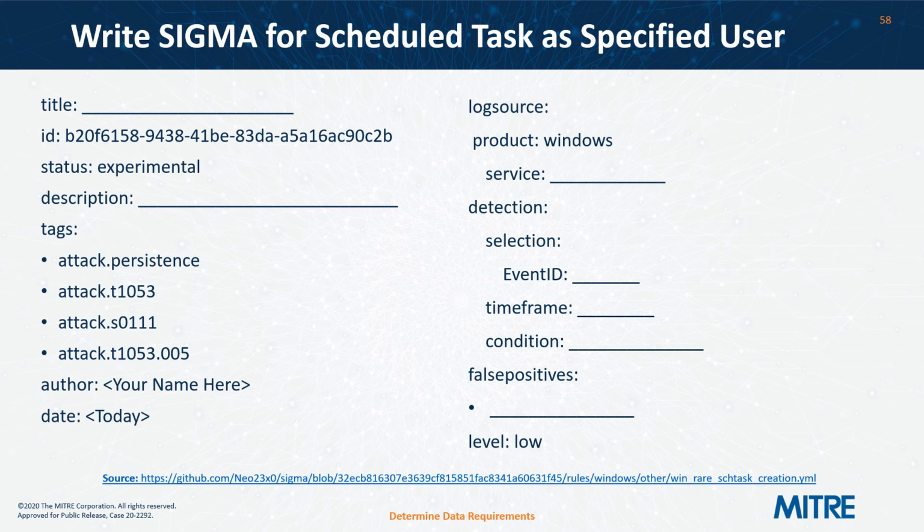What would you want to document regarding possible false positives to help others reuse your analytic? Pause the video and give this some thought. Try to fill in these blanks. And when you're ready, you can hit play and resume.